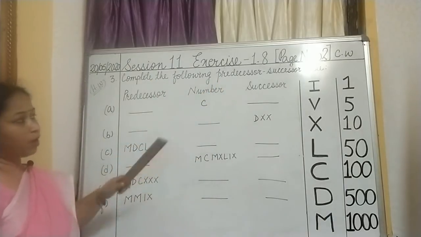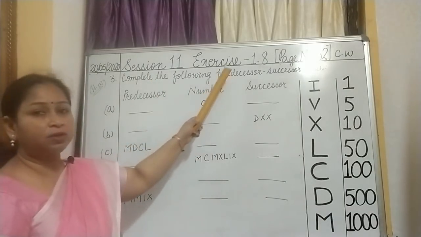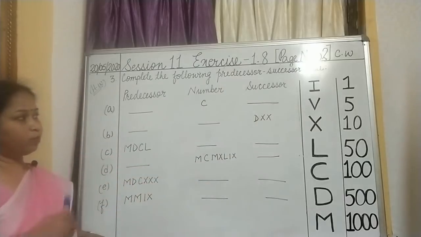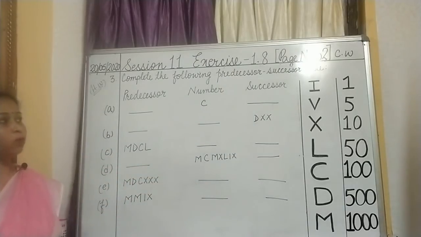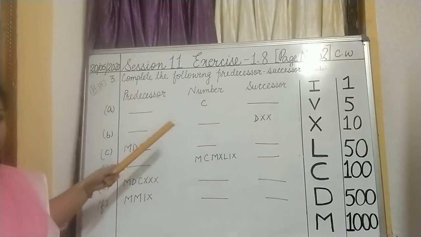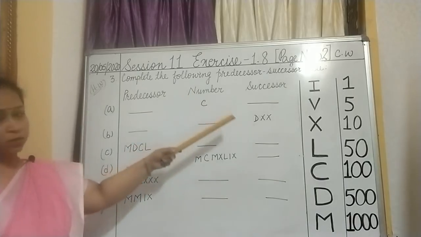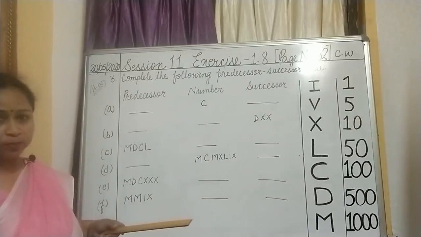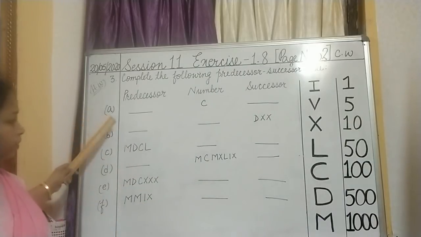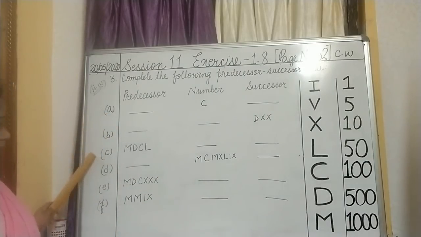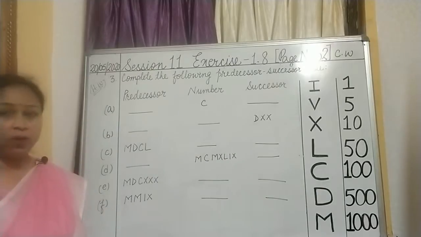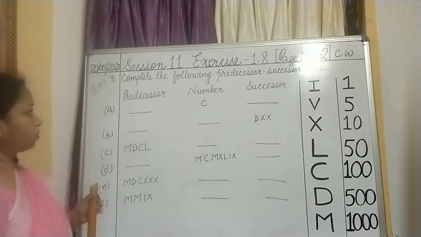There it is given predecessor and successor. In my previous session, I have already explained what is predecessor and what is successor. Predecessor means the number before and successor means the number after. I will be explaining A, B, C and the rest of the question you have to do as homework in your book.